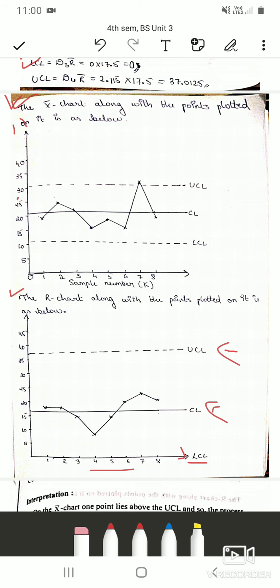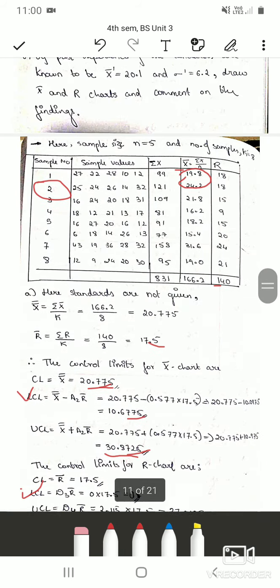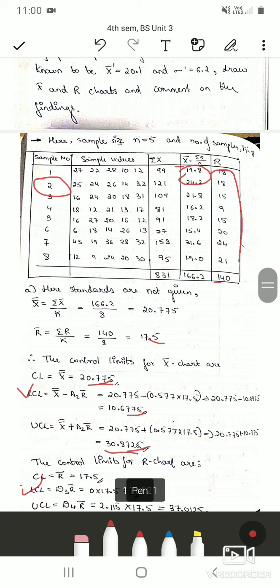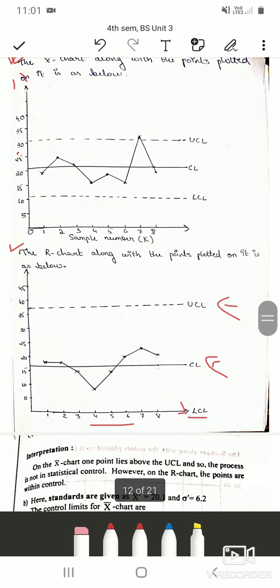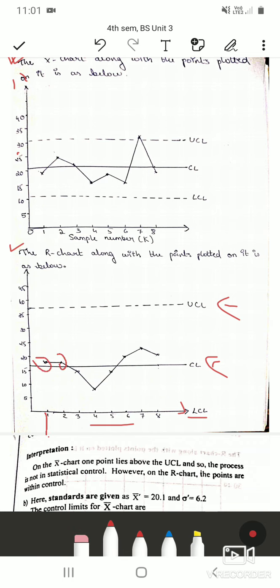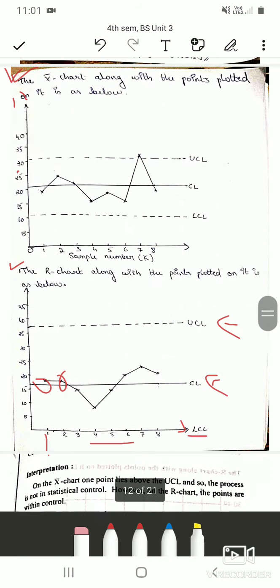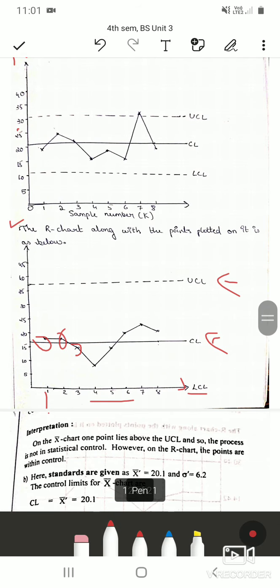And to draw these points, you now have to draw all the points that come under R. So for each sample, check the value of R and plot it. For the first sample number it is 18, I have marked it. For the second number also it is 18, then it is 15, so I have marked it.